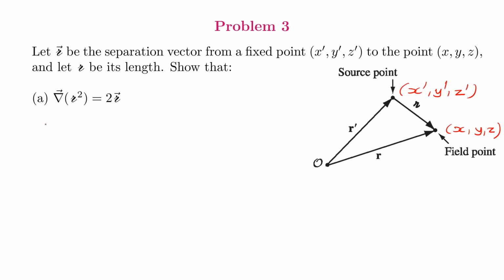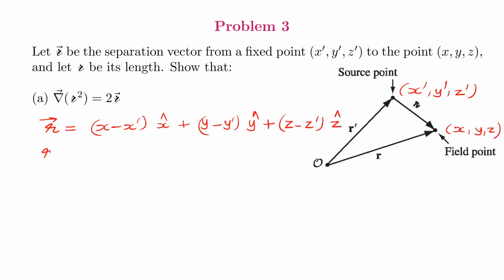We know that vector script r is equal to (x minus x') x hat plus (y minus y') y hat plus (z minus z') z hat.